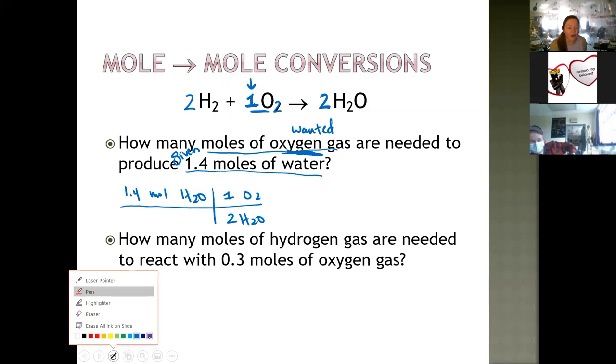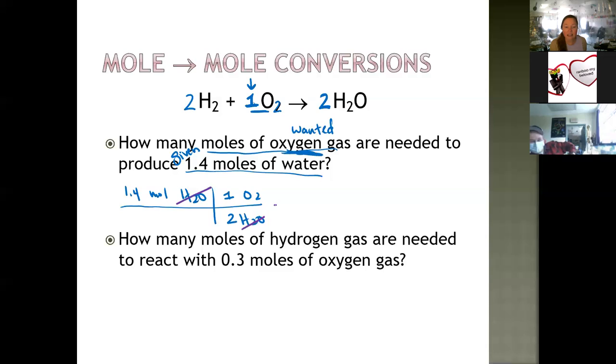So now water top and bottom cancels out. 1.4 times 1 divided by 2 gives us 0.7 moles of oxygen. Good.